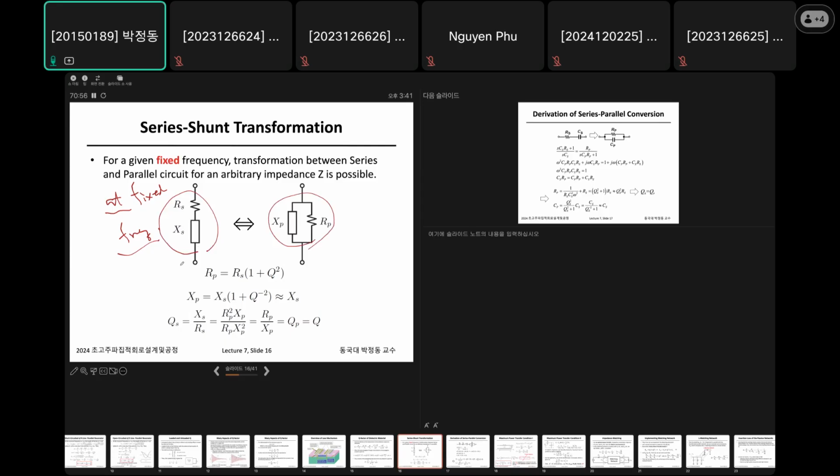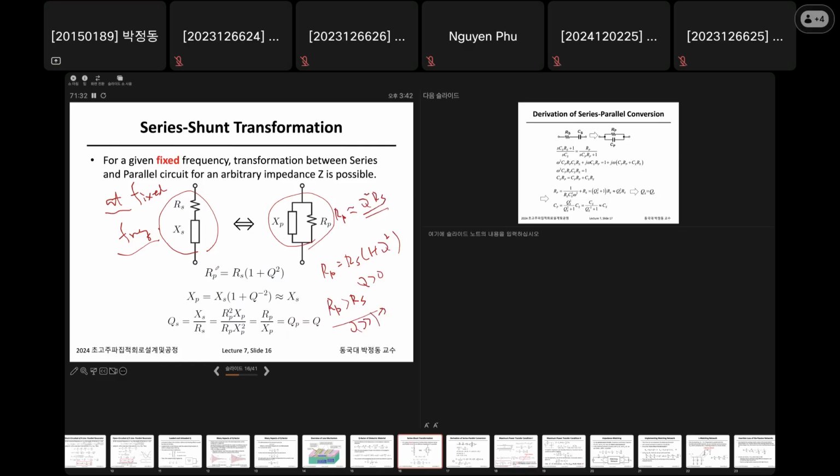At the same frequency, RP is given by RS times 1 plus Q square. Since Q square is always larger than 0, RP is always larger than RS. If Q is larger than 1, then RP is approximately Q square times RS, which is very large.